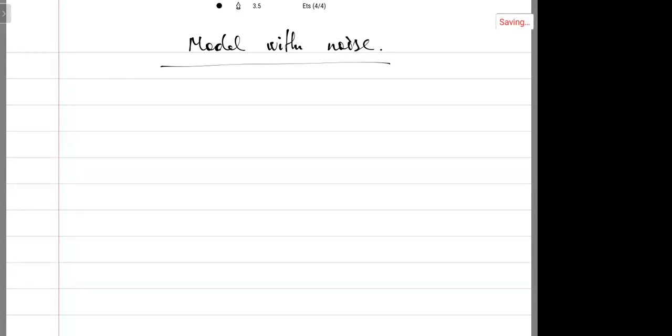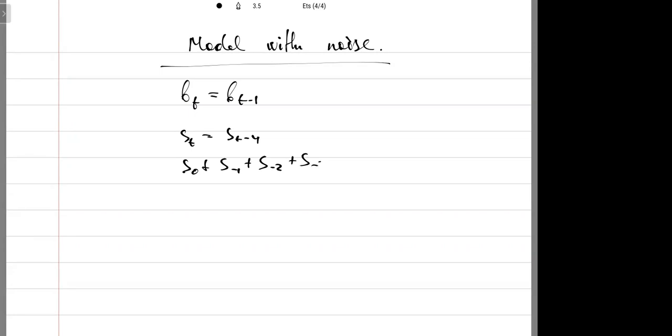Okay, so I will just copy the previous equations. There is one equation to have an interpretable seasonal. First, maybe the most simple is BT. That is a simple equation, BT. Then ST as ST minus 4 with a normalizing equation like that. We have LT, with no seasonal effects.